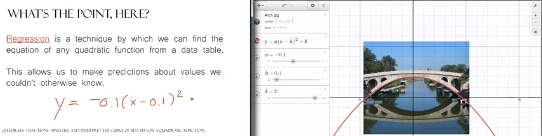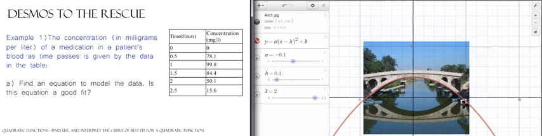Don't forget the squared value. And then my k value is 2, so I would say plus 2. And look at that. I now have an equation for the parabola that is that bridge. And that's what we're doing. That's our whole goal here. We're going to be wearing the Desmos tool out on this one because it is such a convenient way to do this. And so let's, without further ado, look at some of the problems that we're going to encounter here.